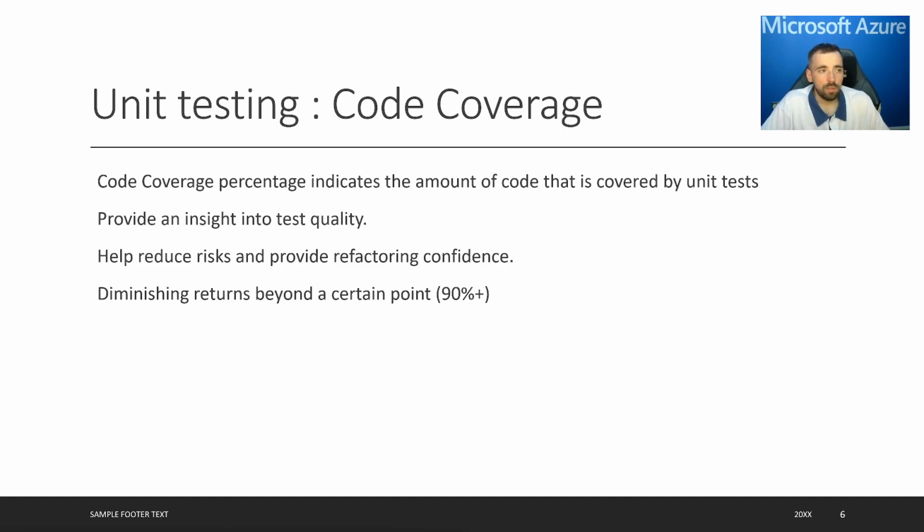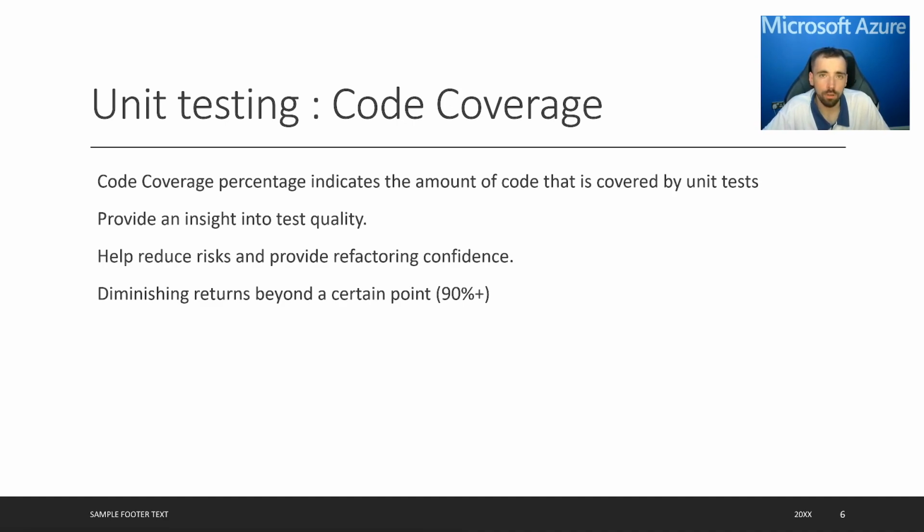So the final element of unit testing is code coverage. So code coverage percentage indicates the amount of code that's covered by unit tests. So all of our methods, functions, modules, when we apply a unit test, Visual Studio will tell us what our code coverage percentage is, and it means how much of the code, how many of the nuances and the logic is covered by a unit test.